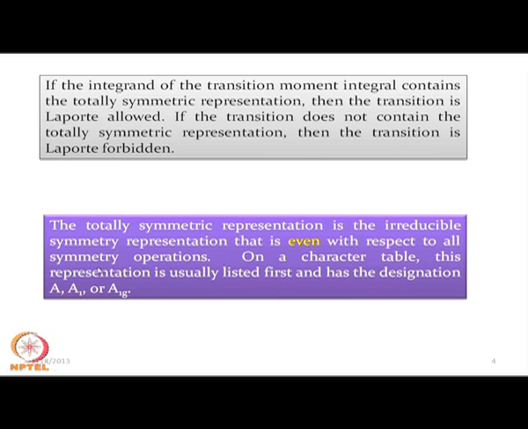On the character table these representations are usually listed first and have the designation either A, A1 or A1g. So, these are the totally symmetric representations we can find typically from the character table of the symmetry point group.